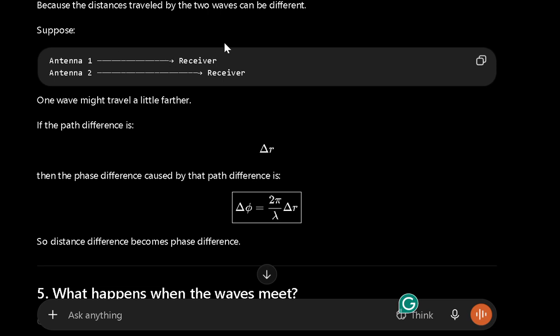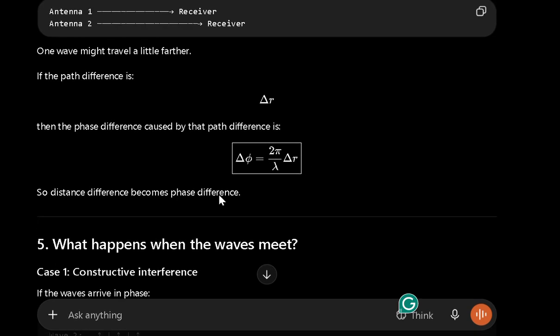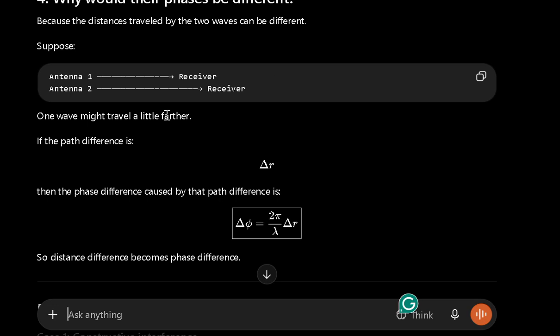Antenna 1 is very close to the receiver, and antenna 2 is slightly farther, so there is a phase difference. If the path difference is delta r, then the phase difference caused by the path is delta phi equals 2 pi by lambda times delta r. So the distance difference becomes a phase difference.